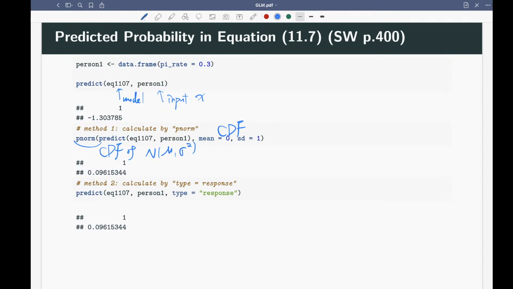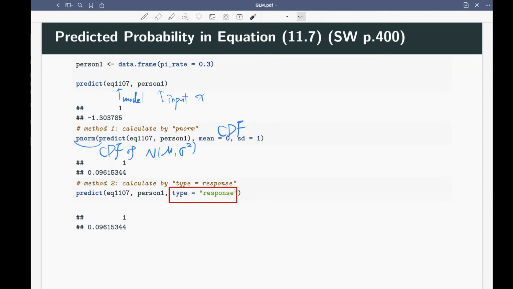Okay, so here you can use this command. And method 2, you can choose the predict function with the response type. Okay, so I think this command is more useful than pnorm, because you only write one line. Don't use two commands here.